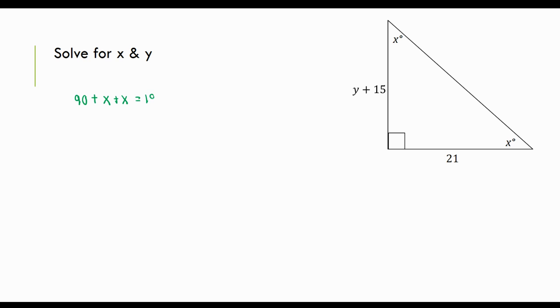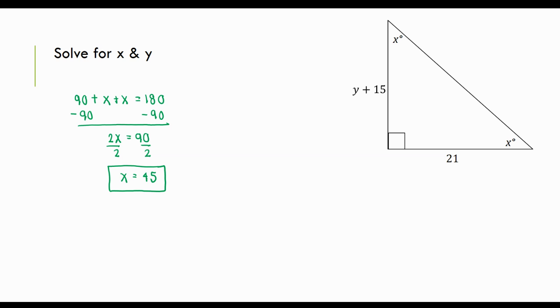Those 3 angles have to add to 180. So I'm going to subtract the 90. And if I combine x and x, that gives me 2x. So 2x equals 90. If I divide by 2, that tells me that x is 45. So there's one of my answers.